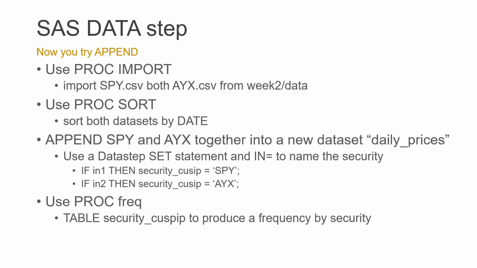Append the S&P 500 and Alteryx together, creating a new data set, daily prices, just like I did. Use a DataStep set statement and an in equals to name the security that a record came from. So if N1, then the security should be SPY. If N2, security should be Alteryx. Then use proc freq to check your results.